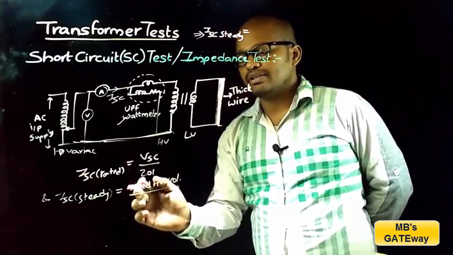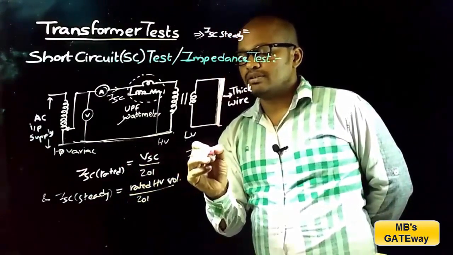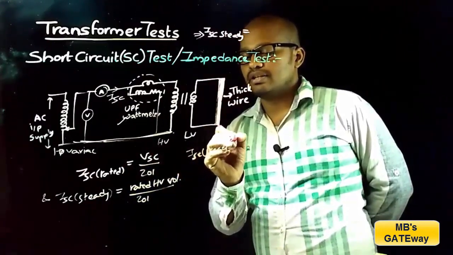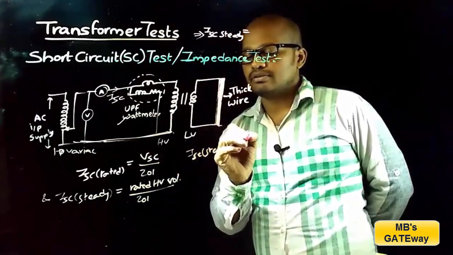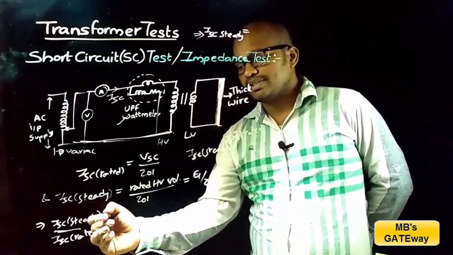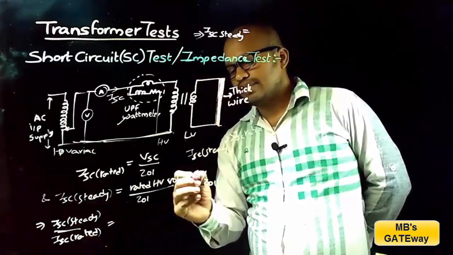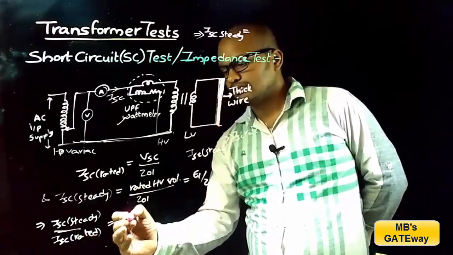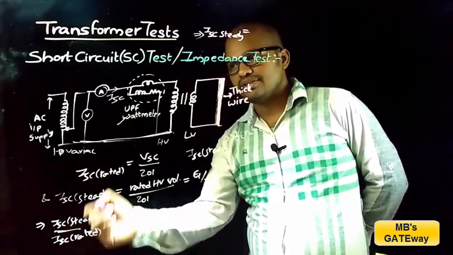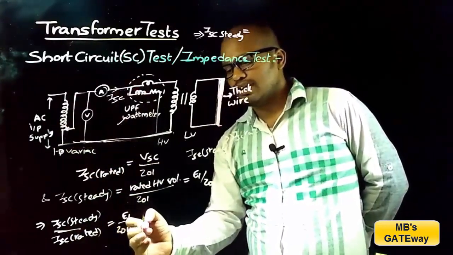And if you compare this, as short circuit voltage is very low, so ISC steady current is greater than ISC rated current, and the ratio of ISC steady by ISC rated: ISC steady is E1 by Z01, and ISC rated is the short circuit current, which can be taken as I1.